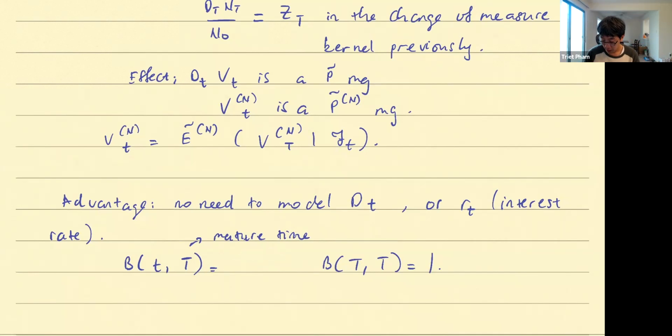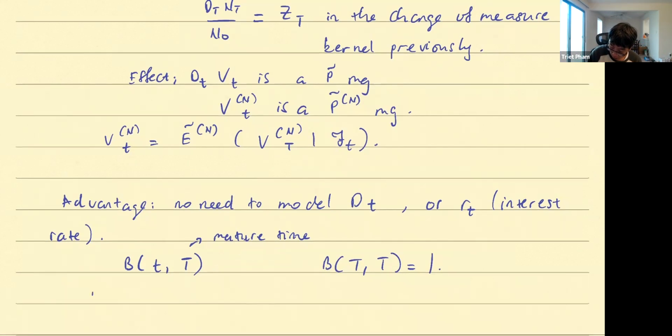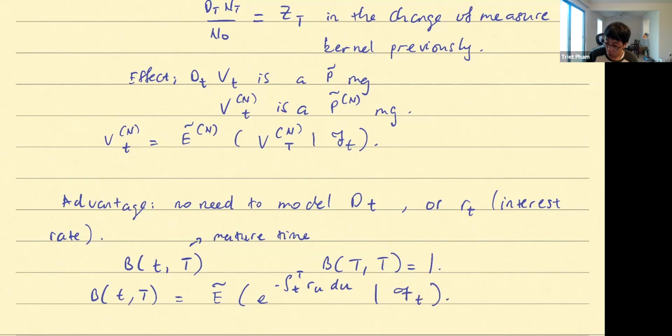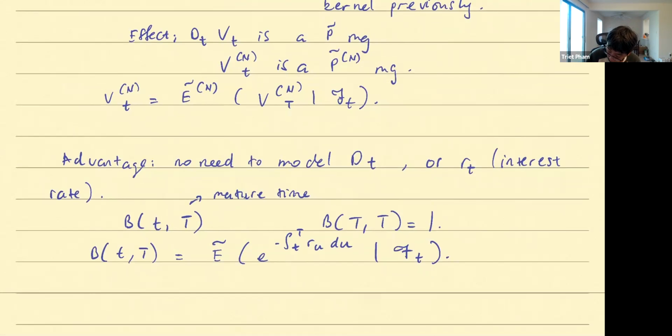When the focus is on the bond itself, then that, like I said, is too simplistic. So what we would say is that it's going to be the discounting from time t to time big T of r(u)du, conditioned on F_t, where r itself is a stochastic process.